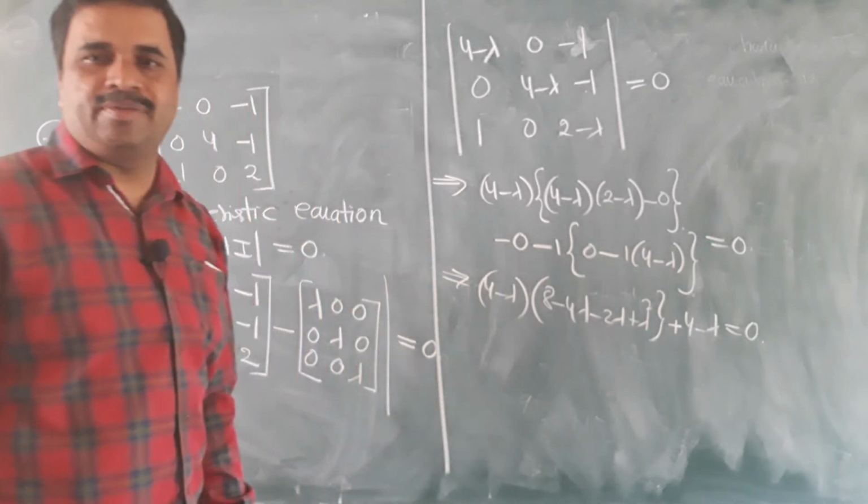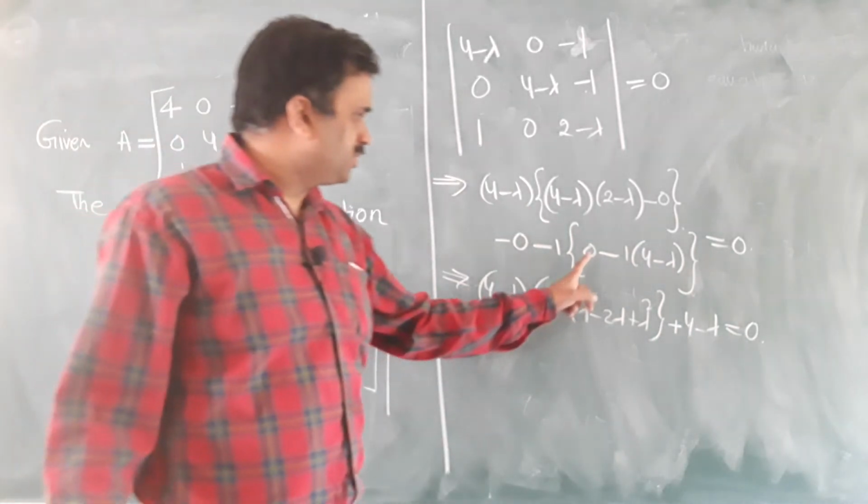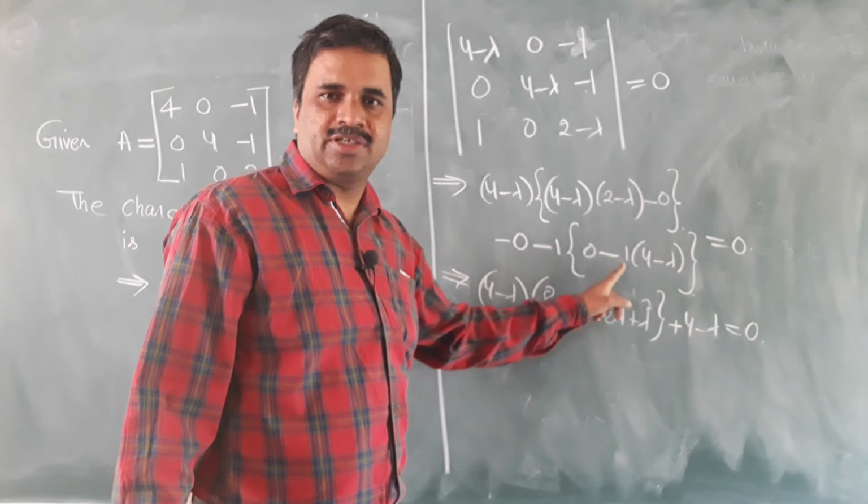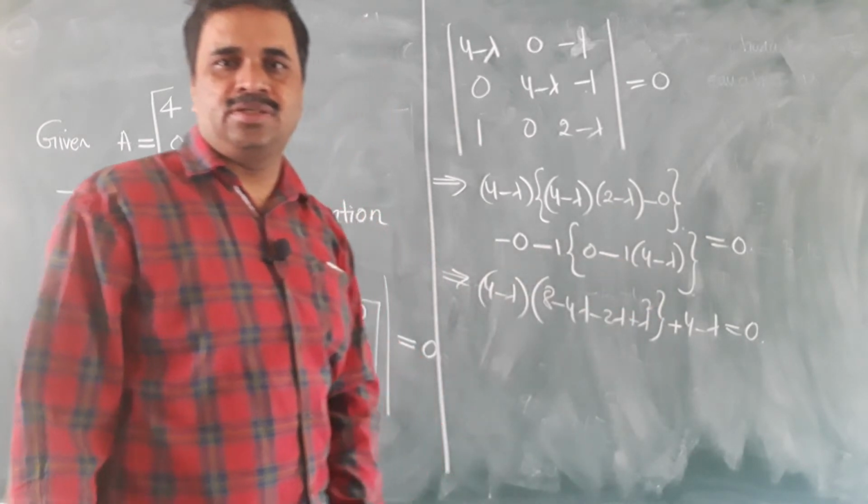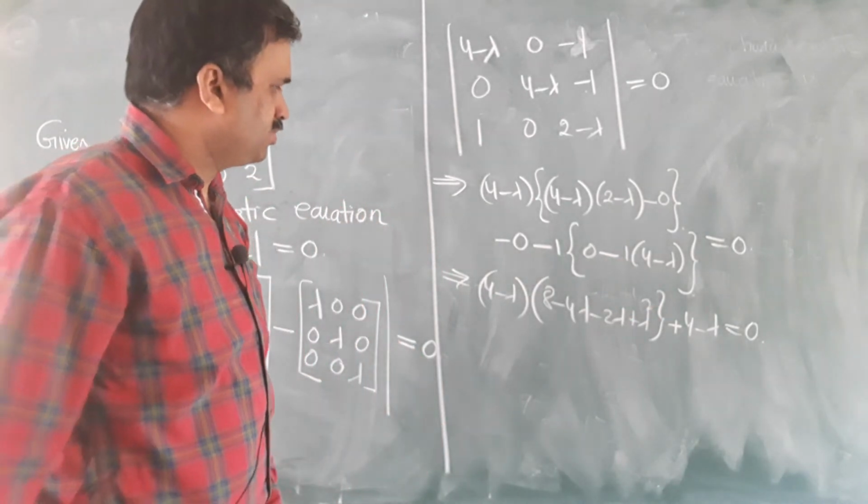The single last element is multiplied, minus into minus plus, giving 4 minus lambda.